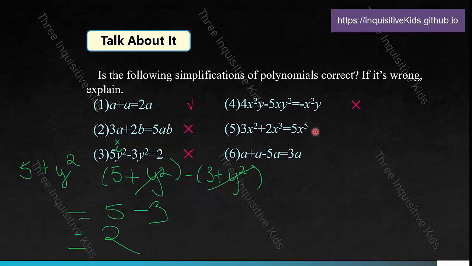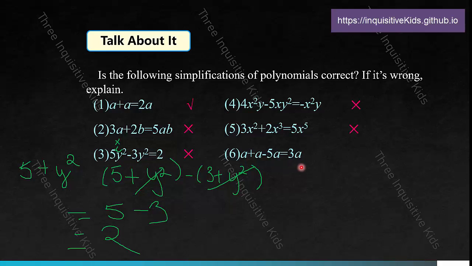No, they're not like terms. And most certainly, you cannot add exponents together unless they're being multiplied. But that's covered for a whole other unit. But you have to know that these are not even like terms and you cannot simplify it.